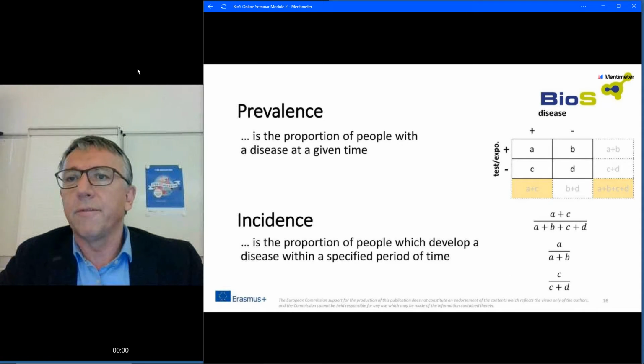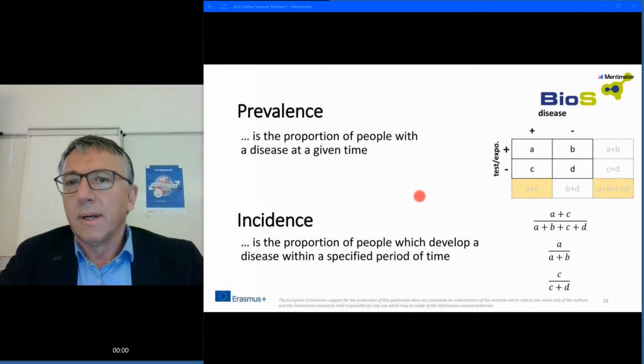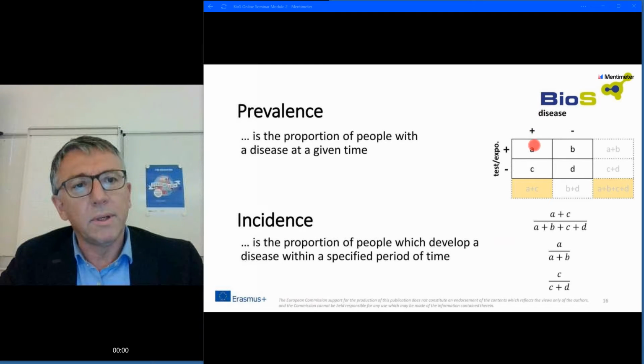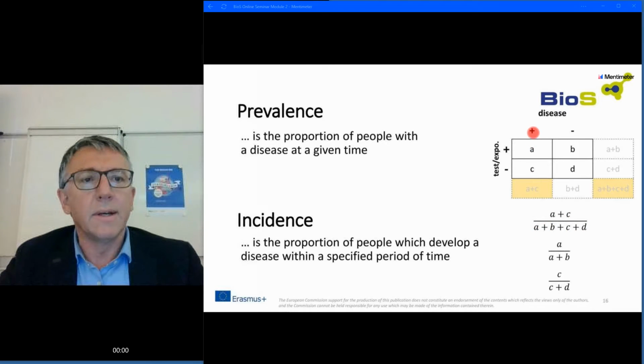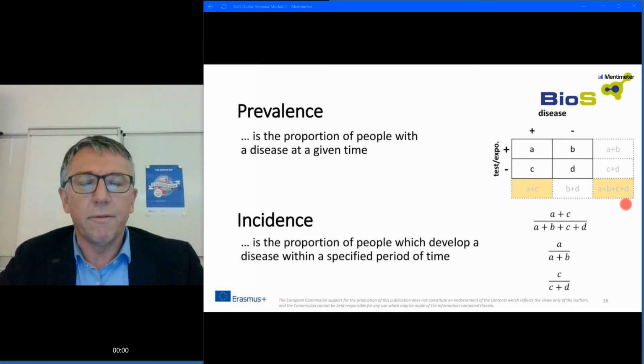So firstly, we have the prevalence. The prevalence is the proportion of the people with a disease at a given time. So these are those people who have the disease at a given time, so that are positive in this column here. So it's A plus C. So these are all the people that have the disease, and the prevalence rate, so the proportion of people, is then A plus C divided by the total number. This is the percentage of people that have the disease.